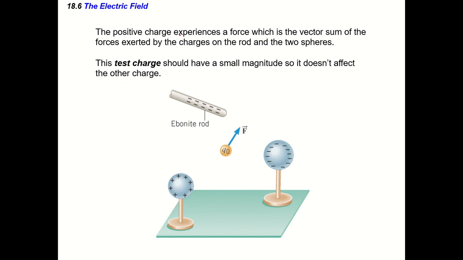This positive charge experiences a force which is a vector sum of forces exerted by the charge on the rod and the two spheres. These are the two spheres.